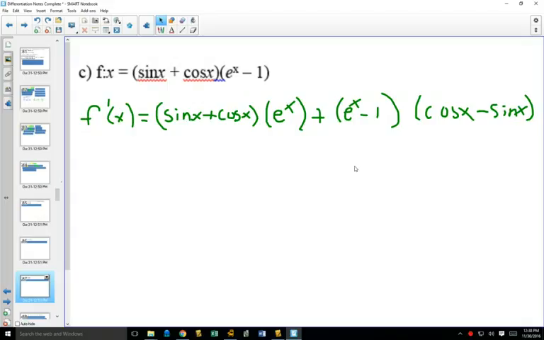Whatever the graph of sine x plus cos x times e to the x plus 1 would be, this is... Why would you do such a thing? Because we can. Right? And we look sophisticated in the process.